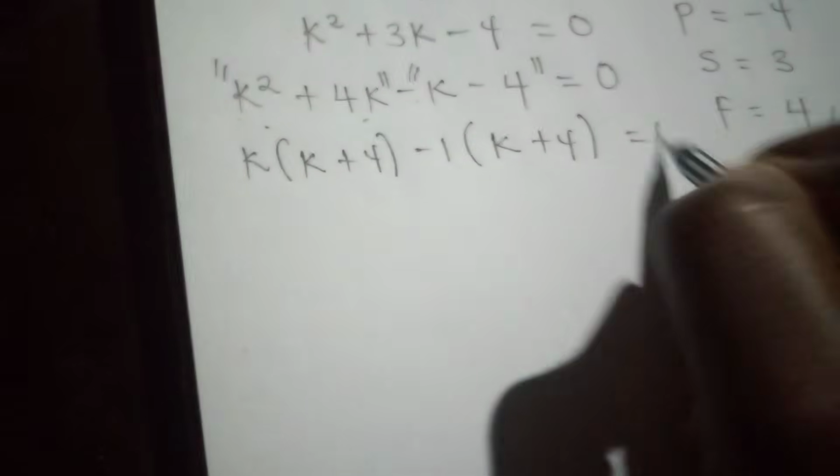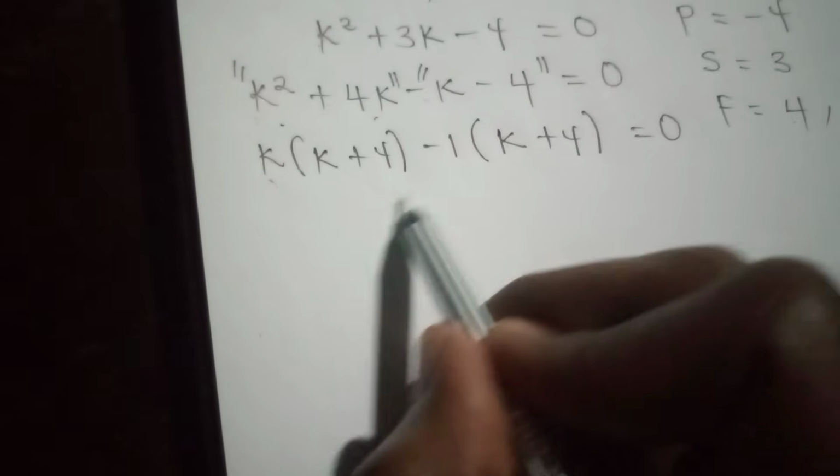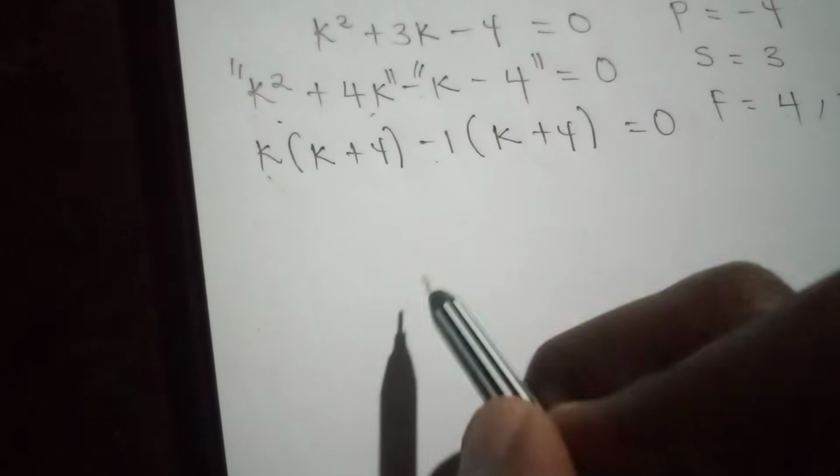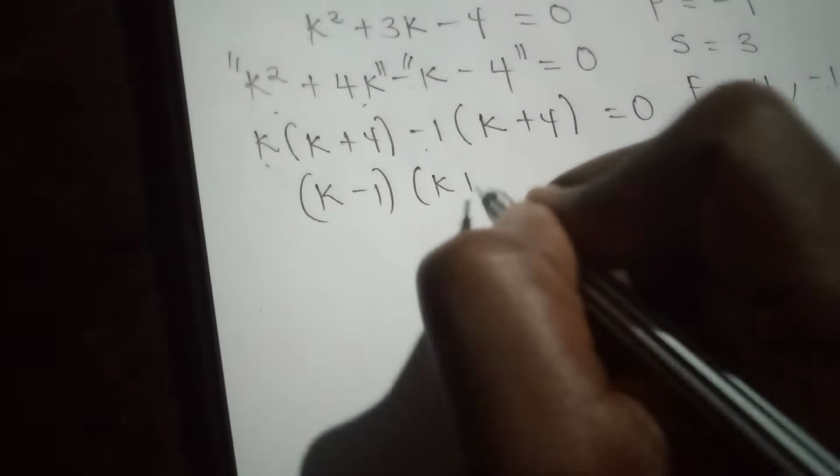There I'm having positive 4 is equals to 0. So I'm going to couple that k with negative 1. So it's k minus 1 times k plus 4 is equals to 0.